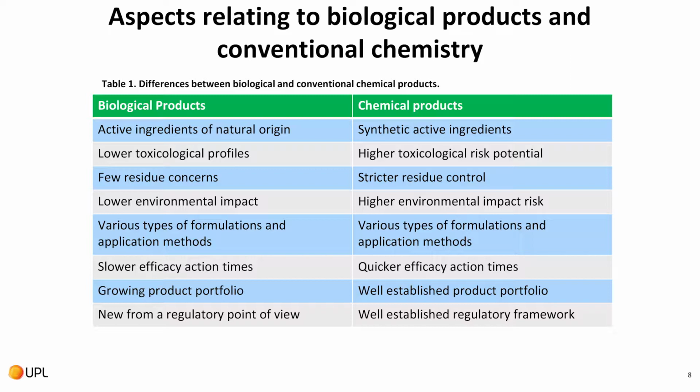And it's got a well-established product portfolio compared to biologicals, as well as a well-established regulatory framework. Usually when you want to register your conventional chemical product, you have quite a clear indication of what data requirements you need and what you don't. And you even have the option of maybe a type of generic registration in many countries.